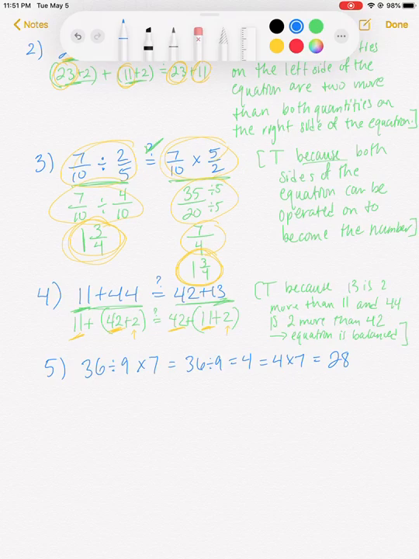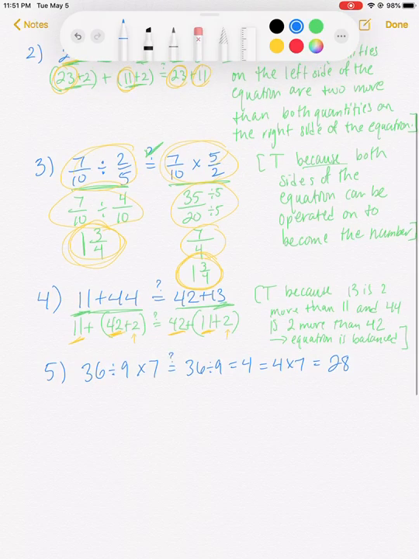Now, since I've written it in this way, is it true that this side, right here, is equal to this one? Is it true that this one is equal to this one? Is it true that this one is equal to this one?